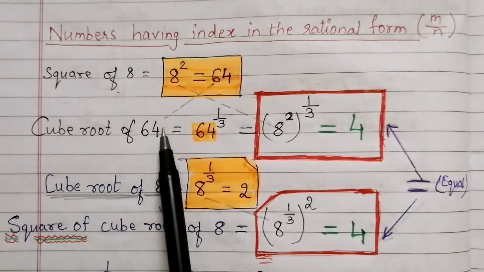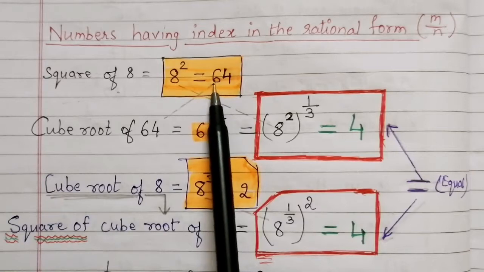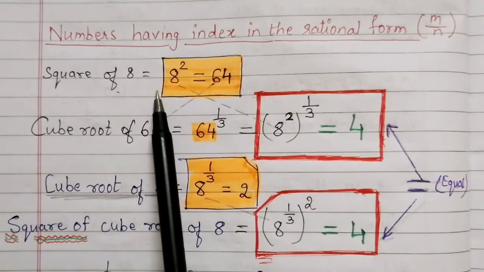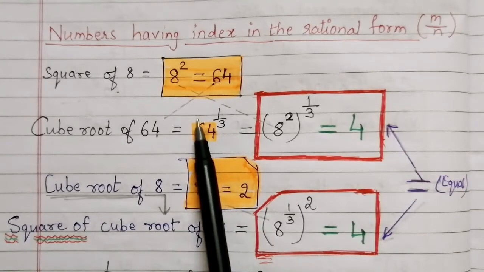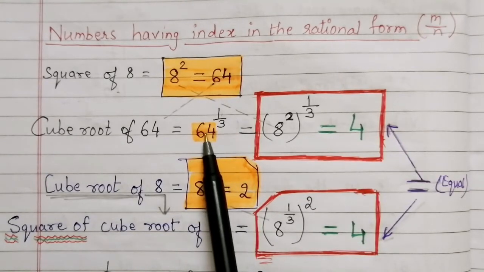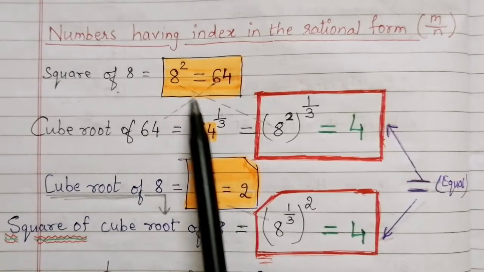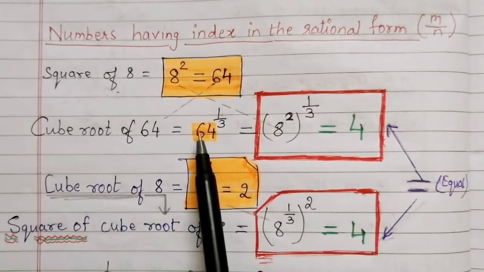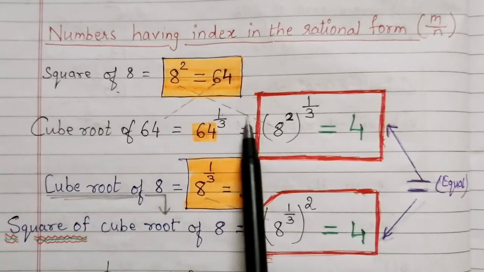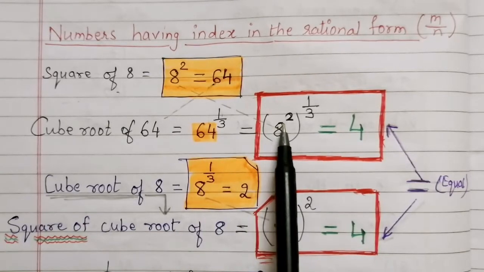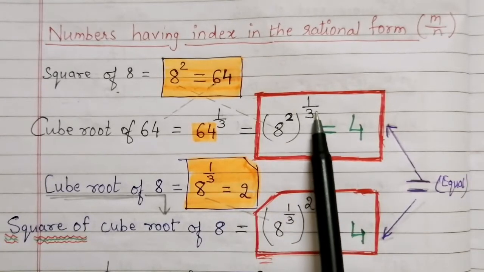Now see, cube root of 64: if you go back and see, this 64 is the square of 8. So in this index form, in place of 64 we can write this 8 square, and keep the 1 upon 3 as it is.